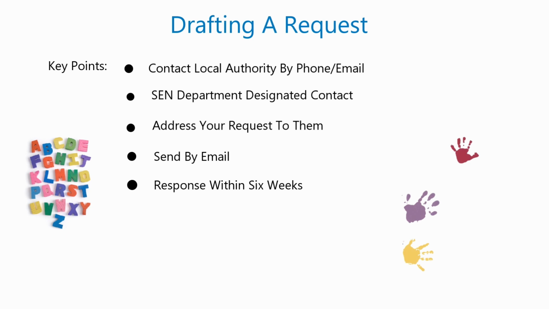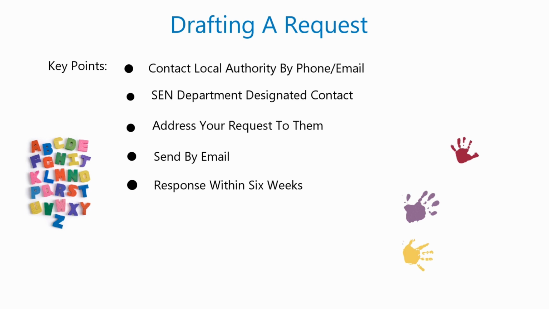So what are the key things to do first of all? Well, number one, we need to find out where this has to be sent. So what you need to do is contact the local authority. You can do it online or you can give them a phone call and look for the details of the SEN department. There will be a designated contact in the SEN team that processes requests for EHC needs assessment.